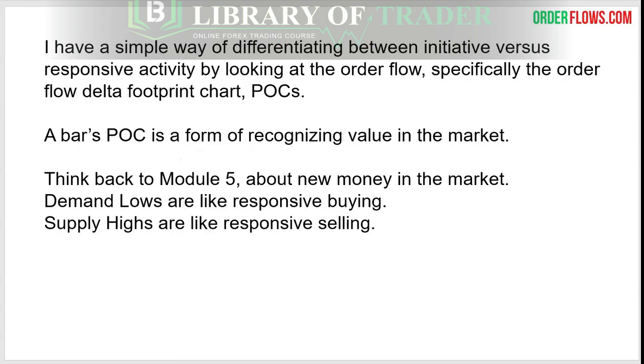Now, I have a simple way of differentiating between initiative versus responsive activity by looking at the order flow, specifically the order flow delta footprint chart, points of control. A bar's point of control is a form of recognizing value in the market. And people always say, well, every bar is a point of control, and sometimes it means something, sometimes it doesn't. But you also have to realize every bar has a value area.